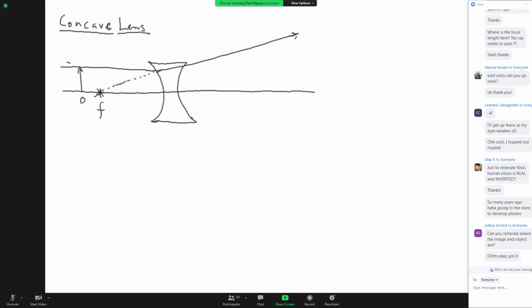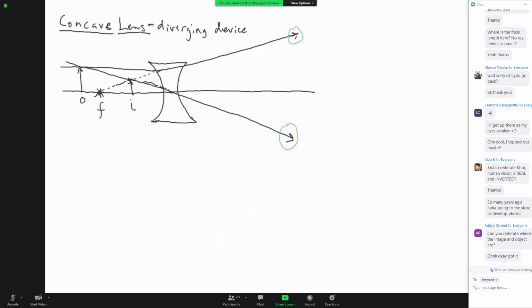The other one is the one that goes right through the center of the device, goes completely right through, where we extrapolate back, and where those two rays intersect, we form our image. So notice that this ray of light and this ray of light are going away from each other. So this is going to be a diverging device. So it's always going to refract light away from each other.